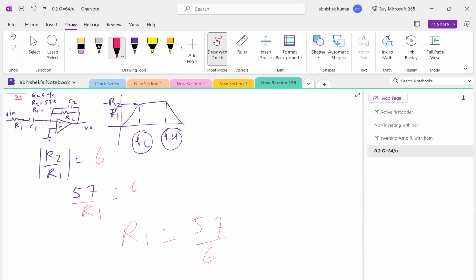They might be pointing to some other question. Give me one second, let me check. Yeah, something is missing on this one.